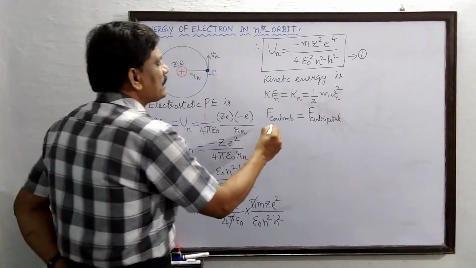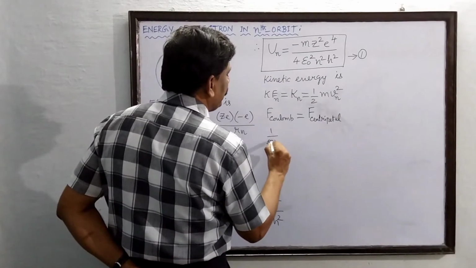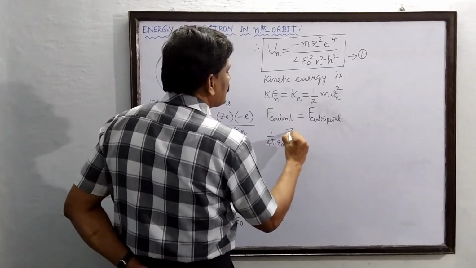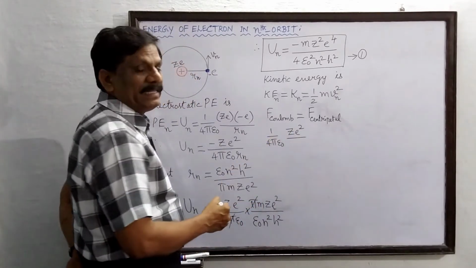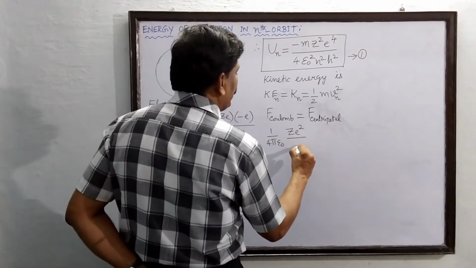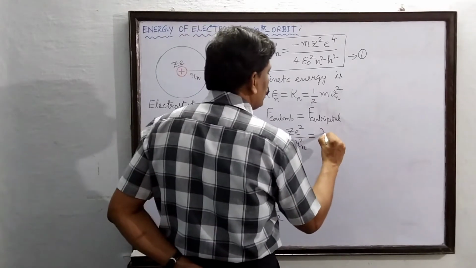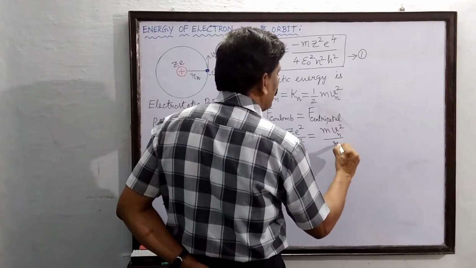Now, the Coulomb force between the two is 1 by 4 pi epsilon naught into Ze square. Only the magnitude I am writing: Ze into e will become Ze square by Rn square in the nth orbit. So, this is equal to m vn square divided by rn.